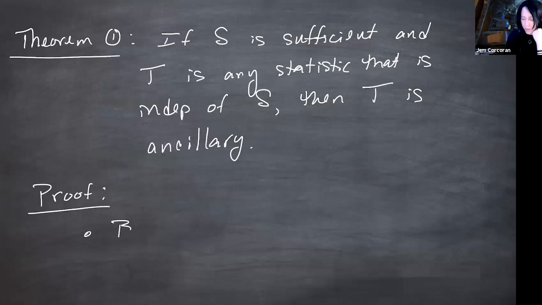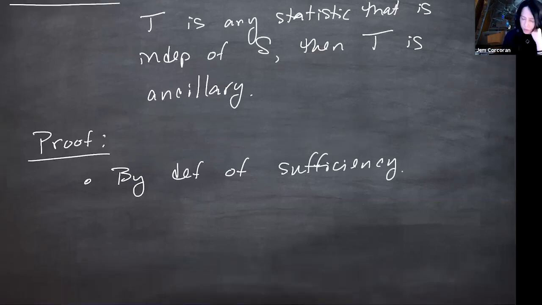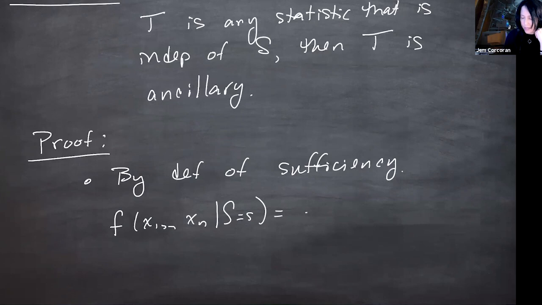So number 1, by definition of sufficiency, if you look at the joint PDF of x1 through xn, given that S equals s, this is whatever it is, but this is going to be theta free. That was how we first defined sufficiency.